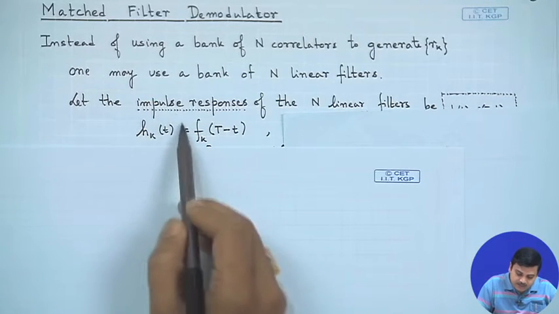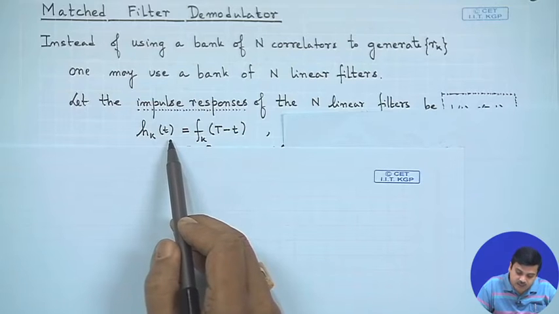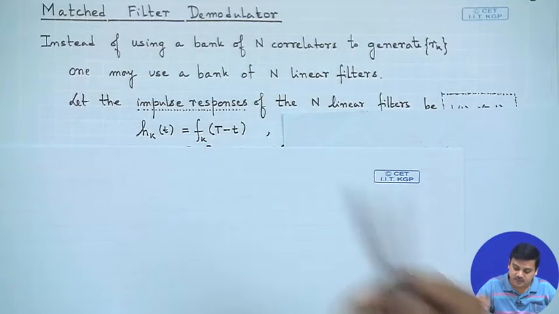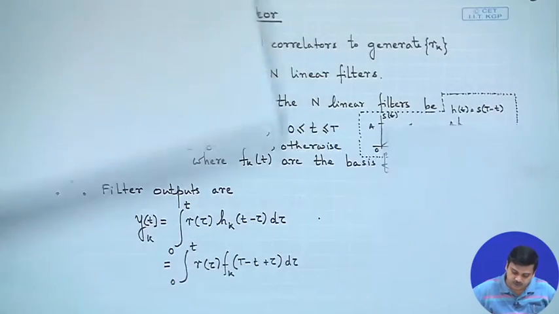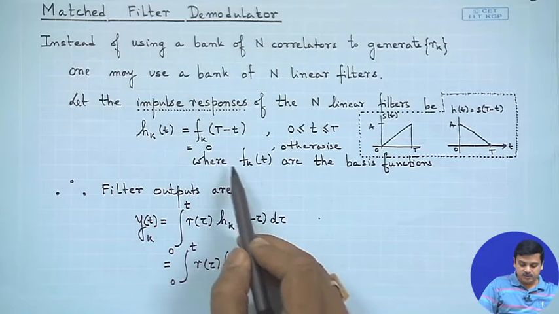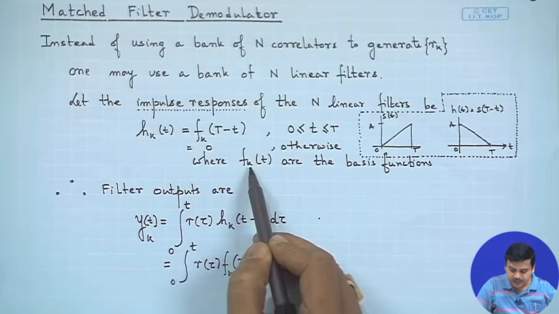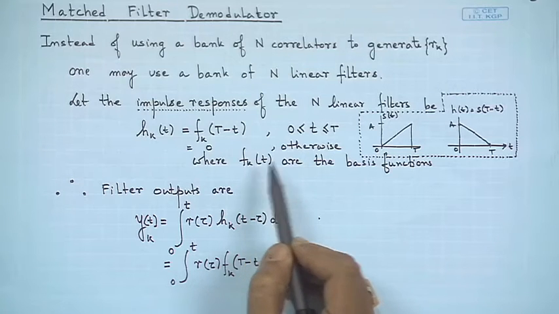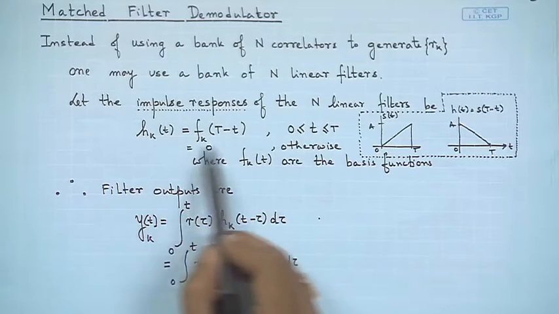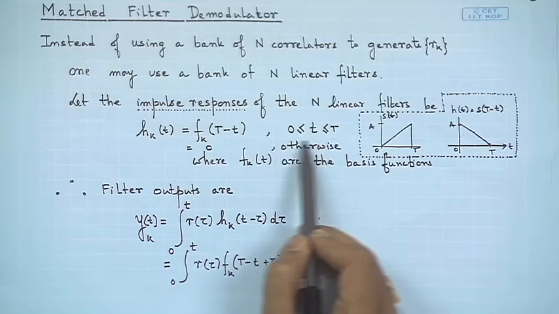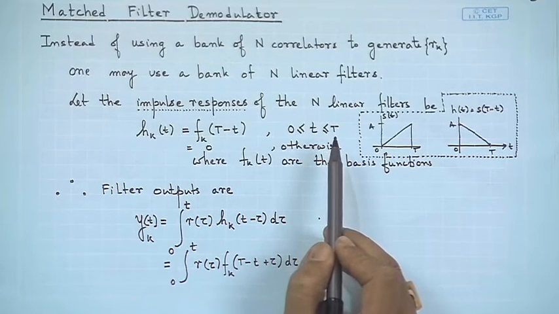This impulse response is the filter which has to be used, replacing the bank of n correlators. This is just a different view of it. Of course, f_k(t) is the basis function, so we use the same basis function as before, and this filter impulse response is valid for the same interval 0 to capital T.